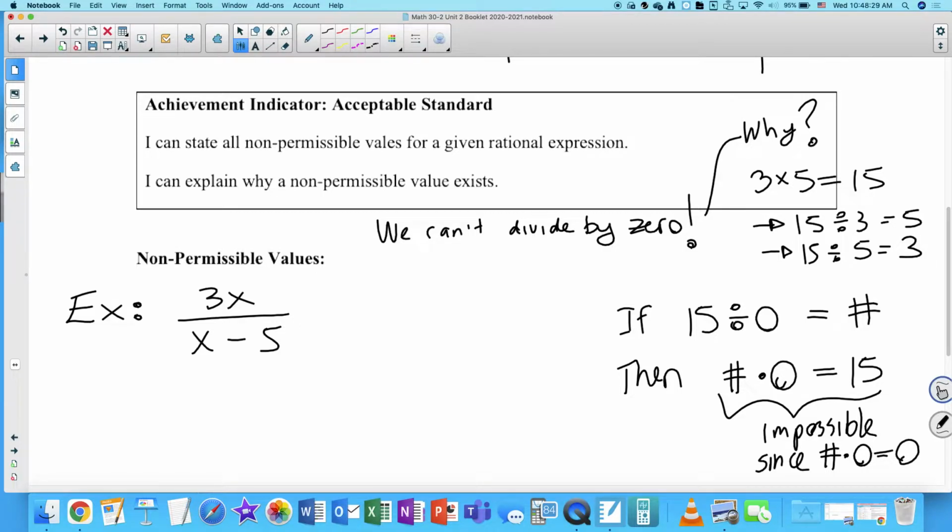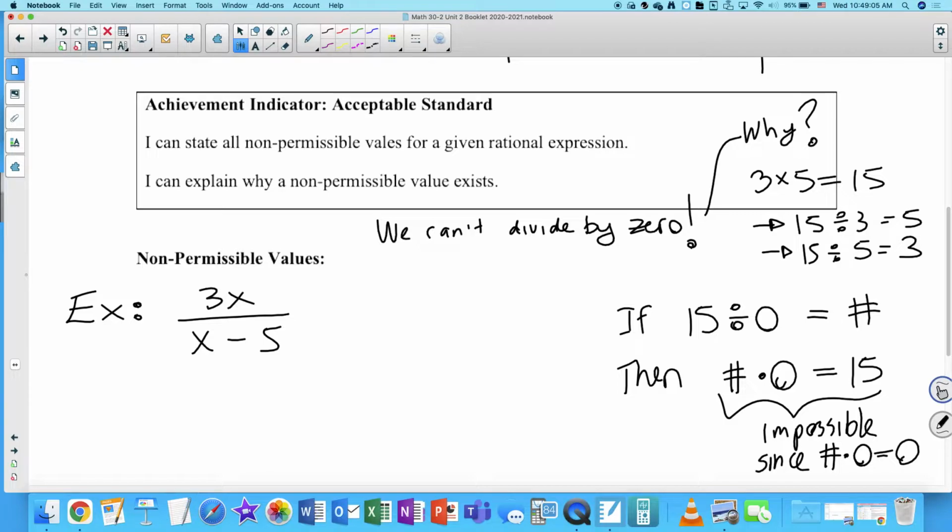If x equals 5, this expression is now undefined, because I'm going to have 15 divided by 0. I didn't intend to do that, that's just total random luck. That's undefined. Okay? 5, therefore, is called a non-permissible value. It's a non-permissible value of the variable because when x equals 5, the entire expression is undefined.